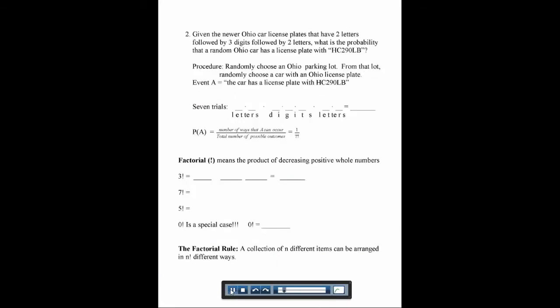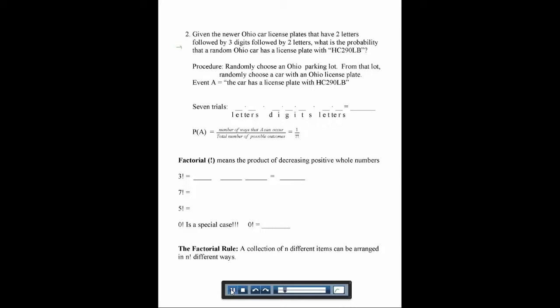Now we're going to look at a similar problem about license plates. Given the newer Ohio car license plates that have 2 letters followed by 3 digits followed by 2 letters, what's the probability that a random Ohio car has this specific license plate, HC290LB?